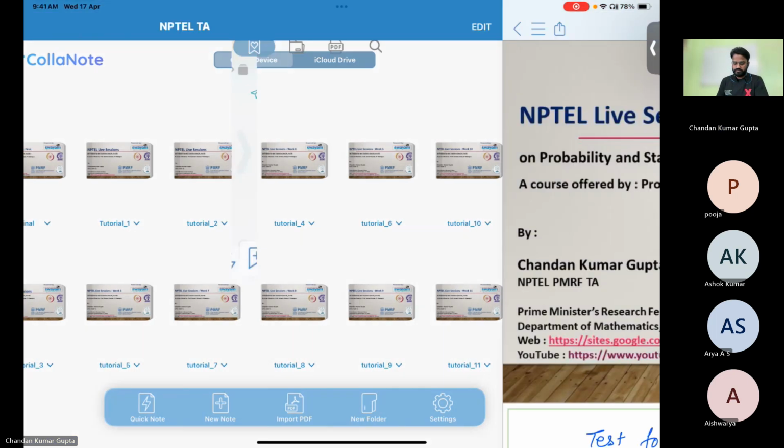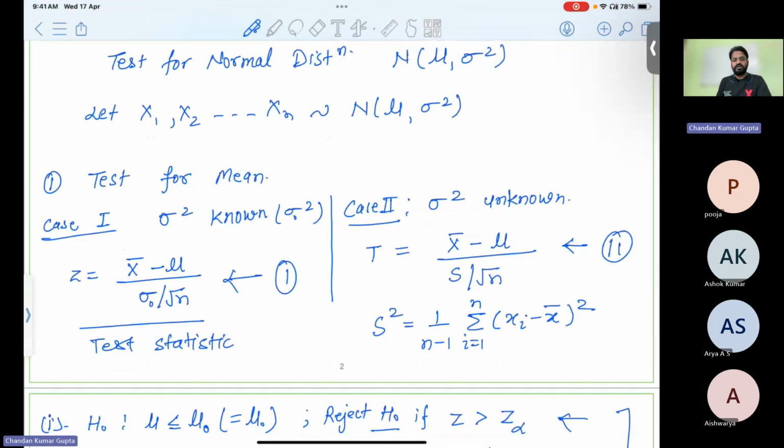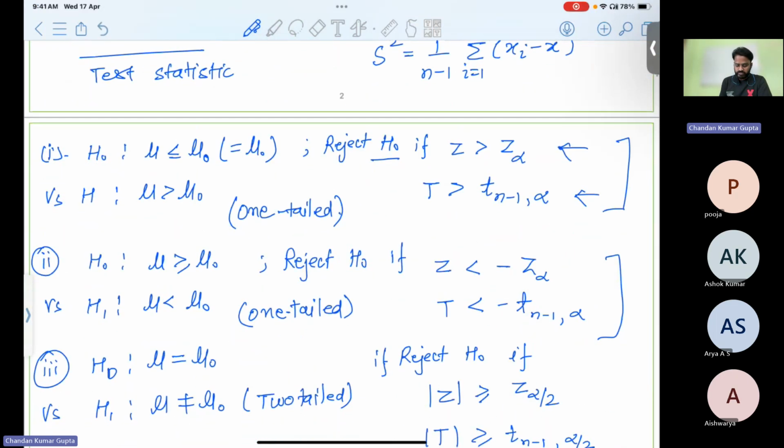Yesterday's class, we discussed these things, tests for a normal population. So there are different scenarios when this type of hypothesis is defined in 3 different ways: greater than case, less than case, or equal to case.